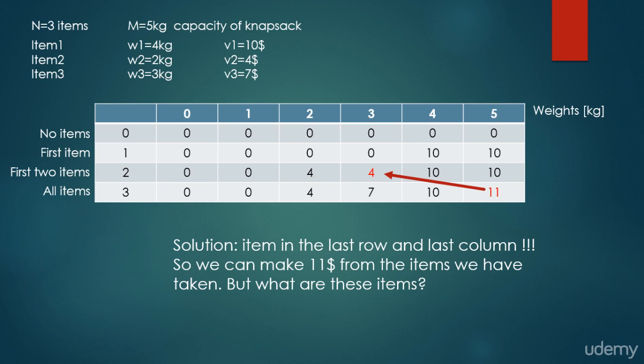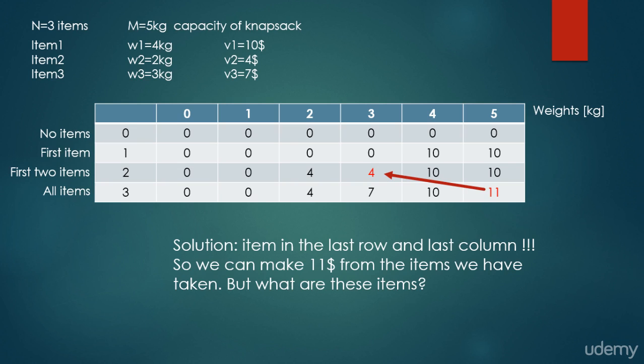Why? Because we can get it from the knapsack table at the last row index and last column index, and we can find what items we have to include in our knapsack.